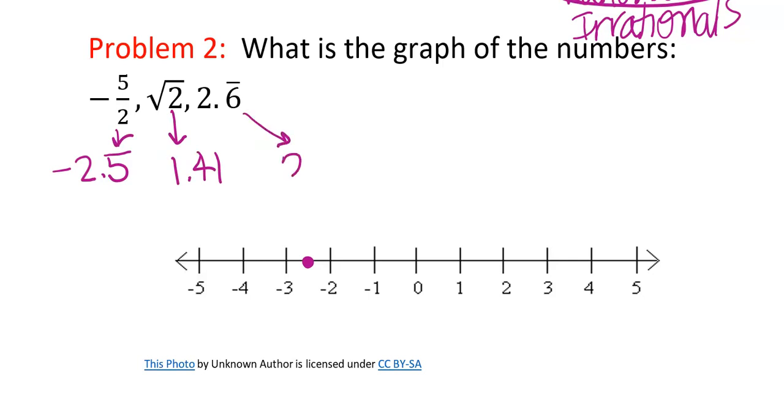And then, of course, this is your 2.6 repeating. So 1.4 is about right here. And then your 2.6 would be a little bit over half, goes right here. So this one belongs to 2.6 with a bar. This one belongs to the square root of 2. And this one belongs to -5/2. So the easiest way to do this is to just use a calculator, get their decimals, and put them on that way. If there are a couple close together, make sure you represent which one they belong to.